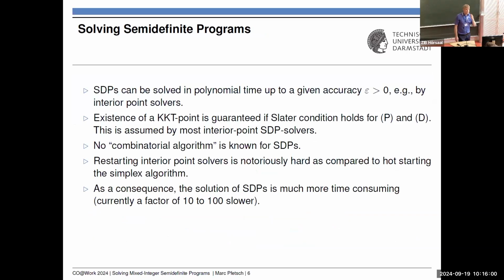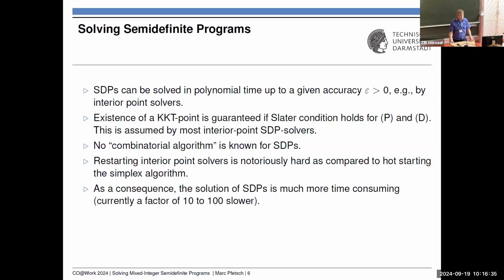Some comments about solving SDPs. That's very important because that will be the backbone of all the techniques that will follow. First, theoretically and also practically, SDPs can be solved in polynomial time up to a given accuracy, epsilon, positive epsilon, for instance by interior point solvers. Again, the world is a bit more complicated here because there might be optimal solutions that are irrational, so they cannot be represented finitely.